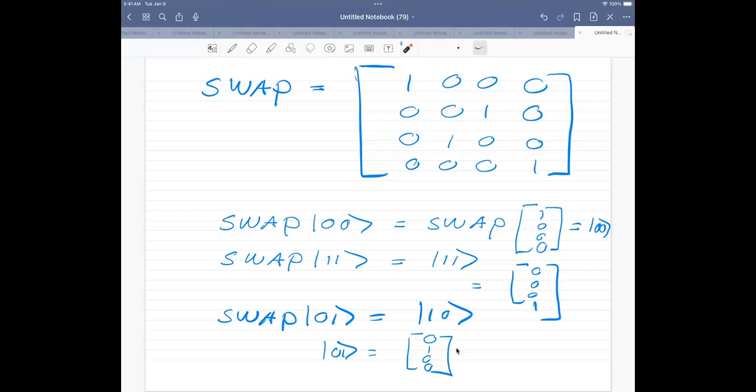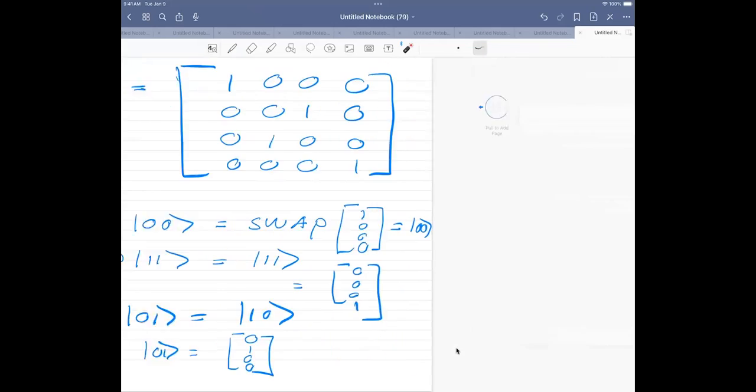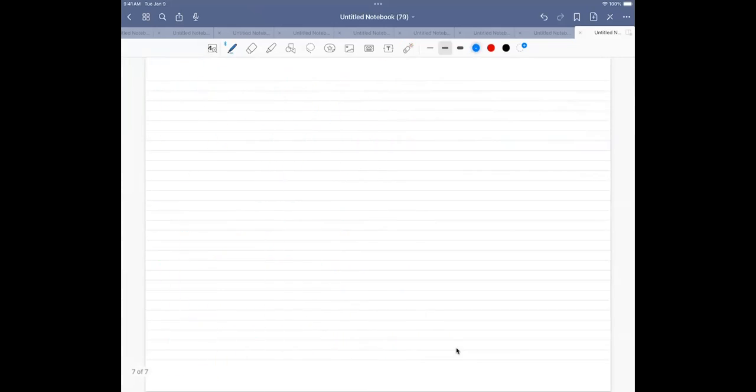And it shouldn't come as a surprise then that if you take the final one and you take swap 1, 0, that gives you 0, 1. And you will often see this depicted in a specific way in quantum circuits. So the way you would see it is something like this.